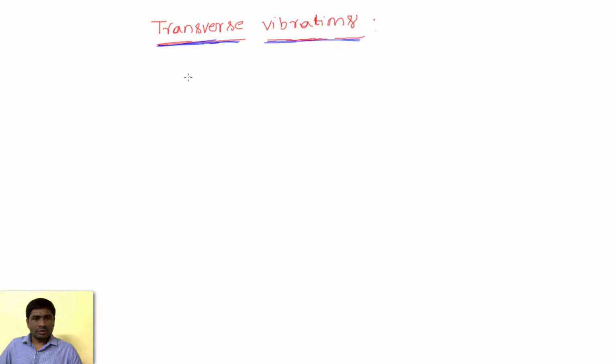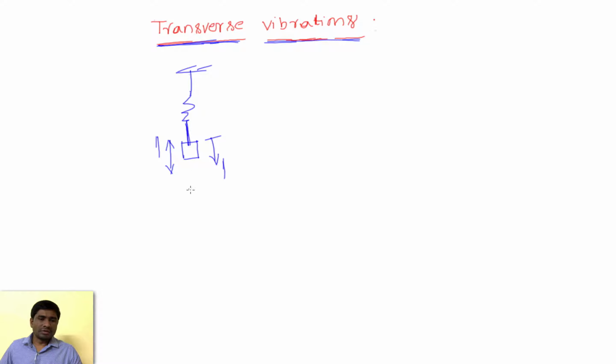So for example, we started with the simple spring mass system. In the spring mass system, we are always giving the initial perturbation as the disturbance in this direction. Whenever we give this direction, that means this mass is moving to and fro in the vertical direction, in the sense the mass is moving along the length of the spring.